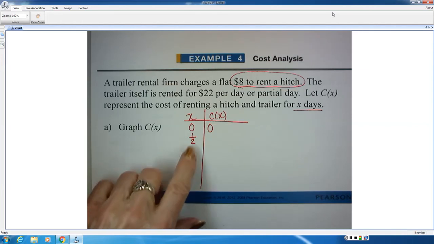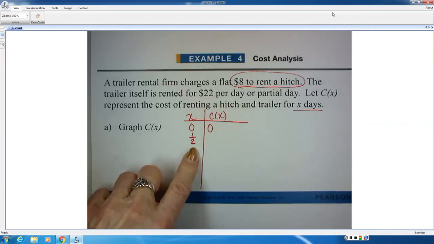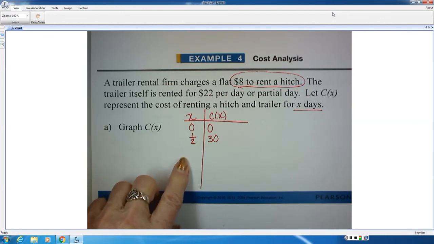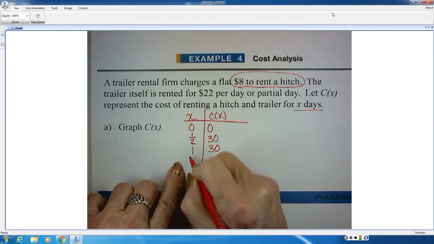Okay? So if you rent the trailer for half a day, it's gonna cost you $22 plus $8. That's $30. What if you rent it for a whole day? For a whole day, it costs you $30. What does it cost you for a day and a half?